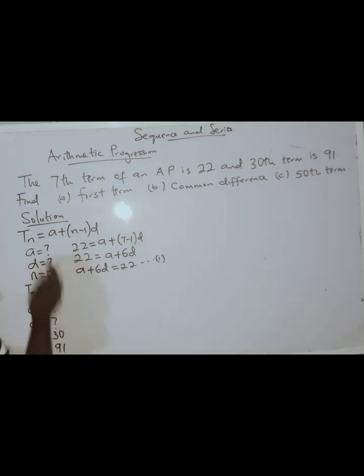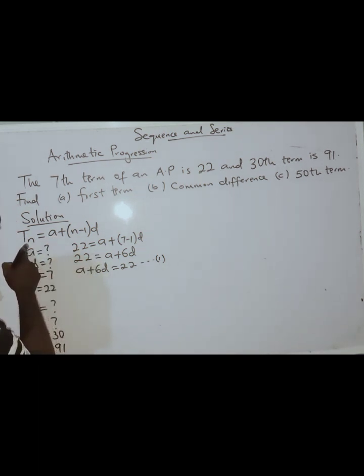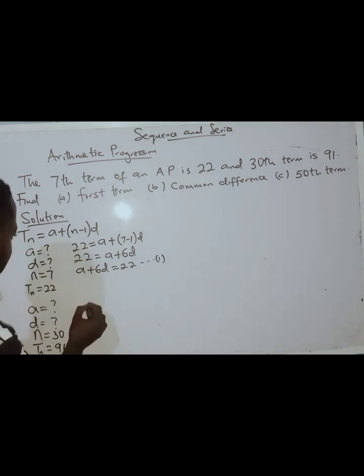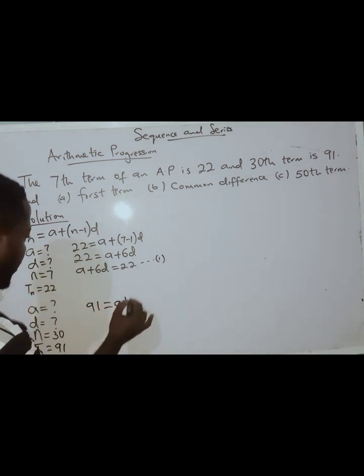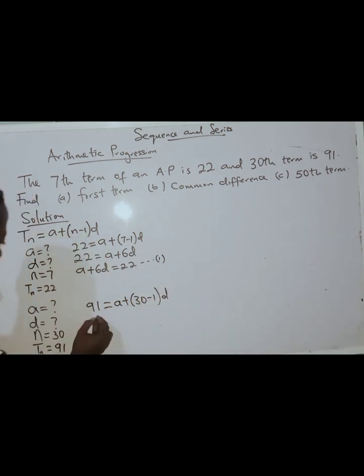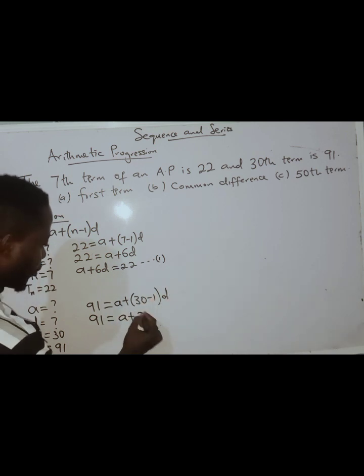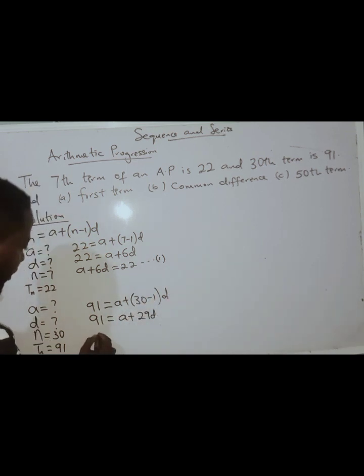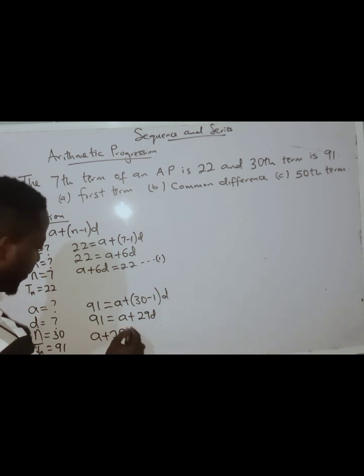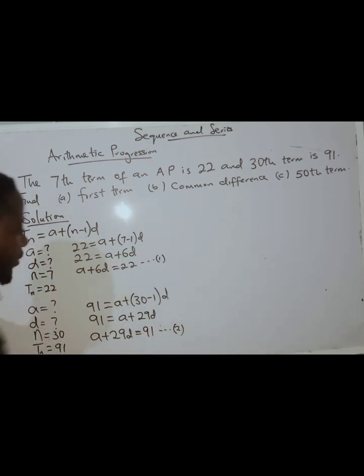Now let's interpret this in the formula. So I'm going to have my Tn is 91, so 91 equals A plus 30 minus 1 times d. And that is going to give me 91 equals A plus 30 minus 1, 29, times d, 29d. Then you can write it as A plus 29d equals 91, equation 2.